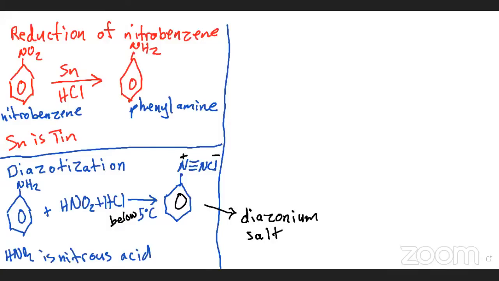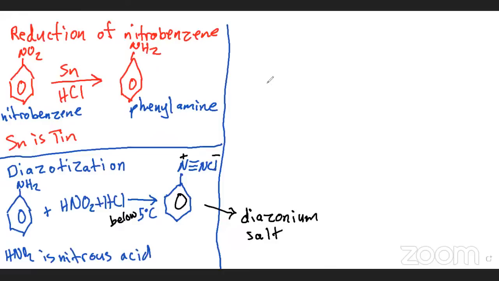All right. So for phenylamine, we are going to form a diazonium salt. Now, if you remember, I said that we have a fourth reaction of phenol. This book says below 10, the study guide says way below 10.